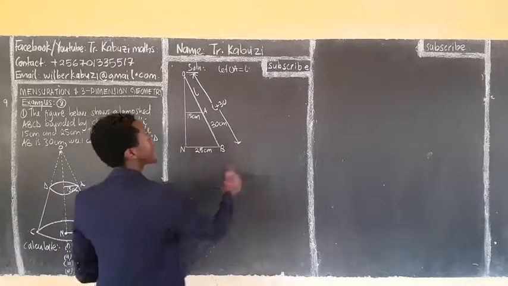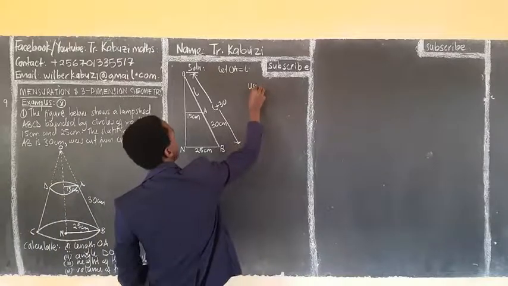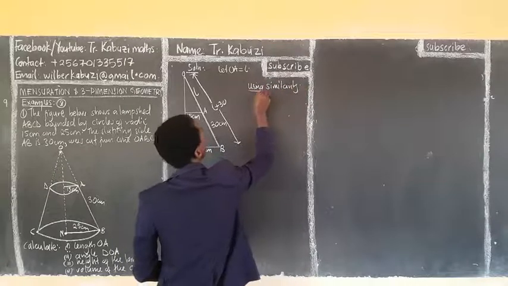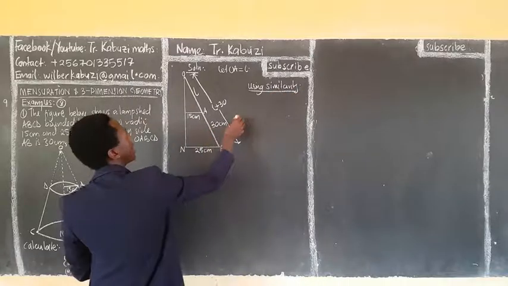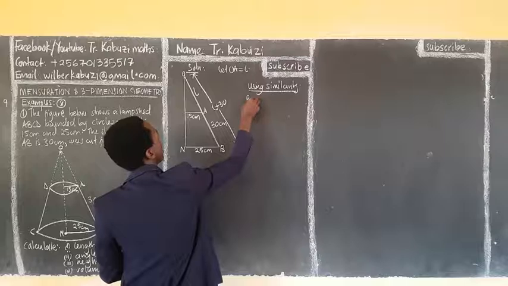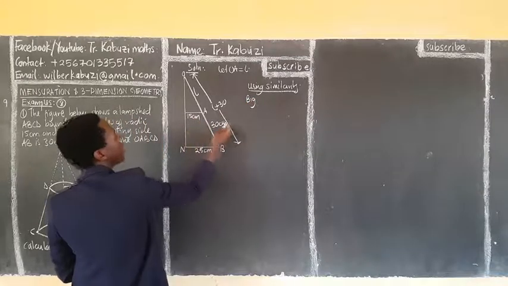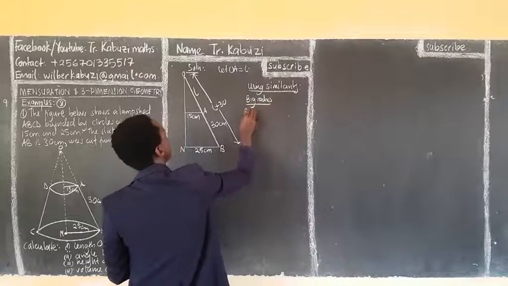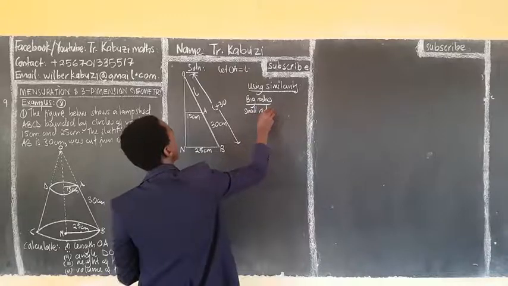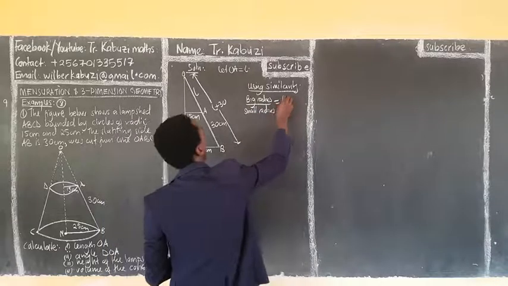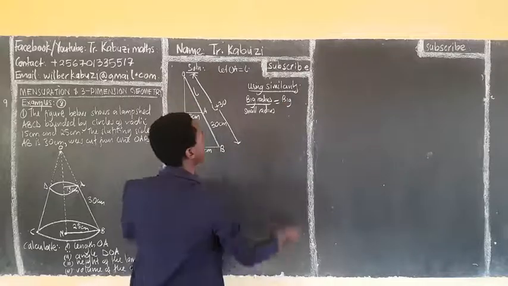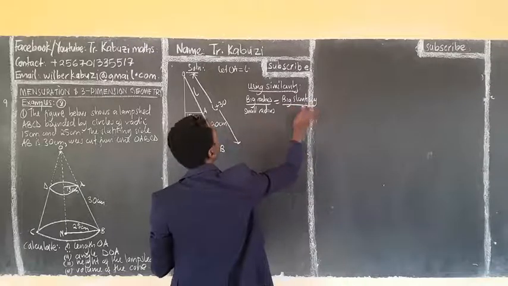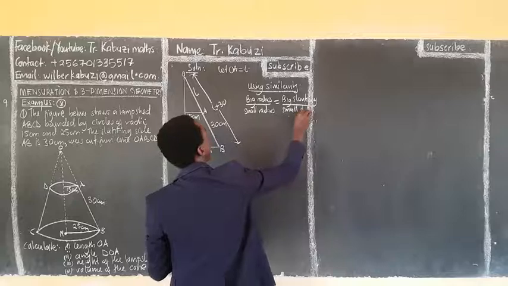Using this similarity, we are going to say the big radius over small radius equals the big slanting over the small slanting.